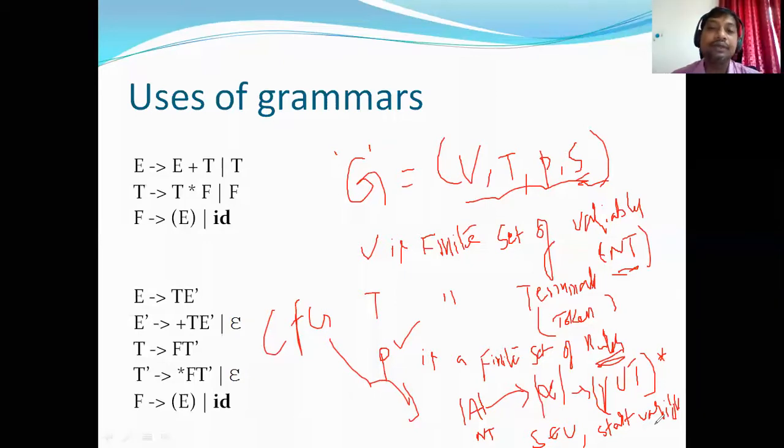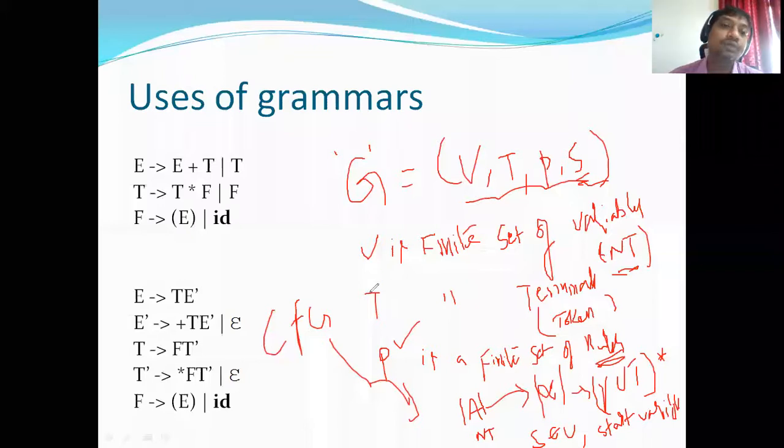So grammar G is (V, T, P, S), where V is the finite set of variables, T is a finite set of terminals, and P is a finite set of production rules in the form of A derives alpha, where A is a single non-terminal on the left hand side and alpha is a combination of terminals and non-terminals. And S is a special symbol usually designated as the start symbol of the grammar.